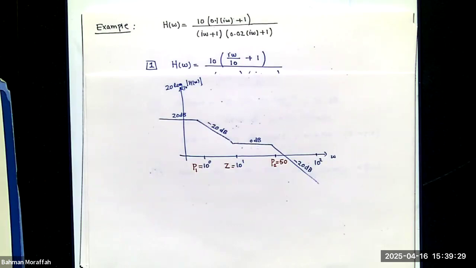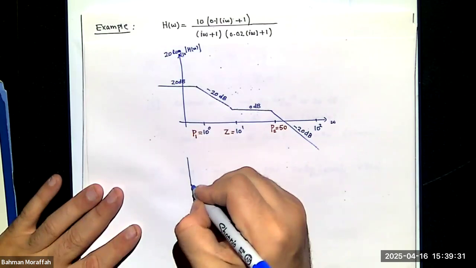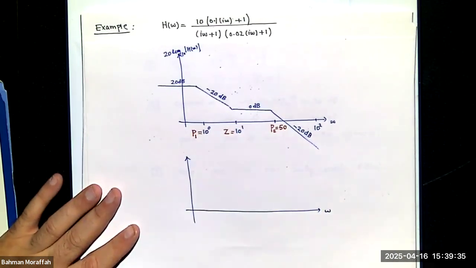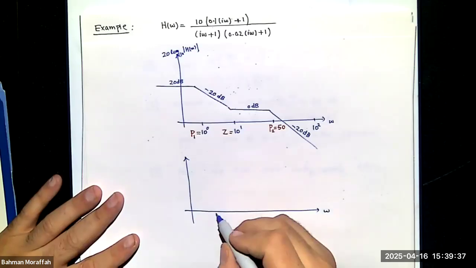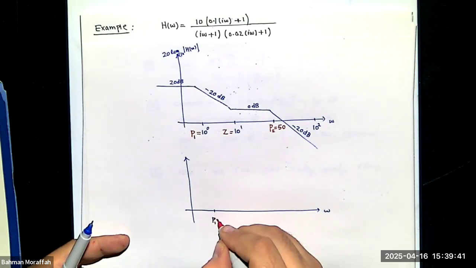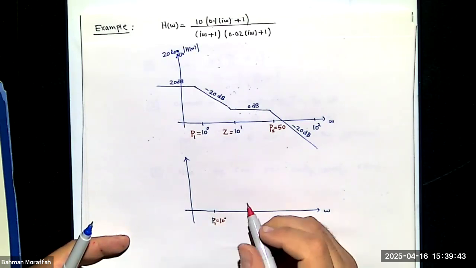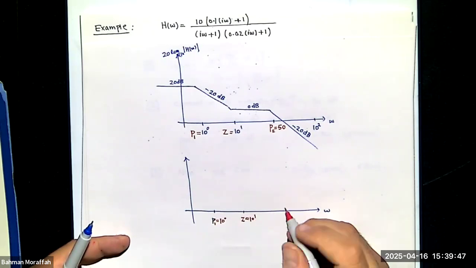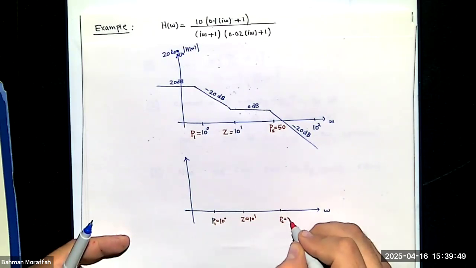Let's quickly look at the phase of this. Again, I know I have this 10 to the 0, I have this zero at 10 to the 1, and I have this P2, which is 50.